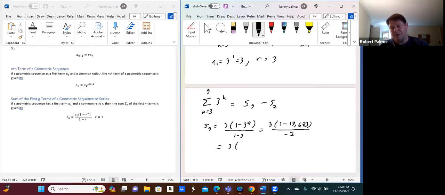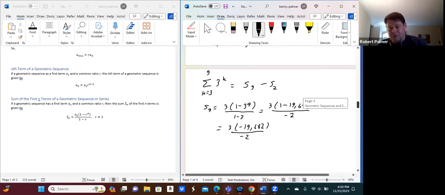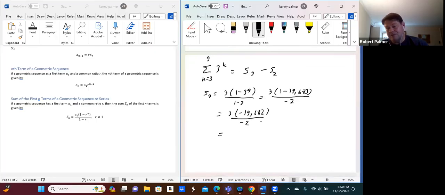And so that's going to be 3 times negative 19,682 over negative 2. Of course, that would be positive. So let's do that, times 3, is equal to, okay, what I get here is 29,523. Okay, so that's S9. That's the sum of the first 9 terms.